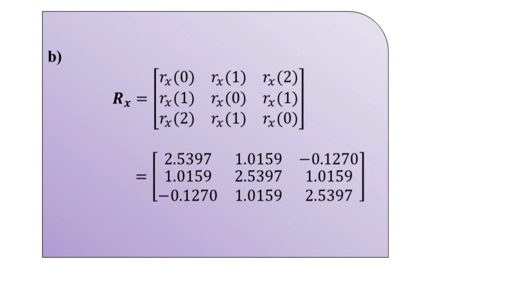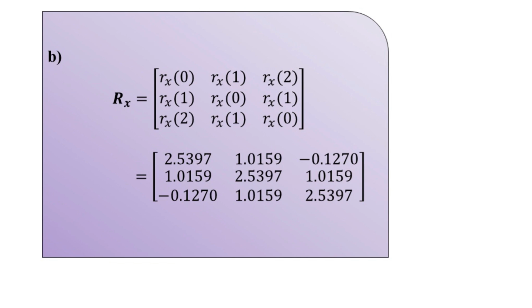The second row elements are 1.0159, 2.5397, 1.0159. And in the last row we have the elements minus 0.1270, 1.0159, and at last the third row third column element 2.5397.